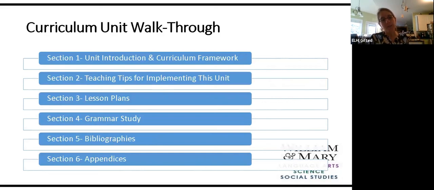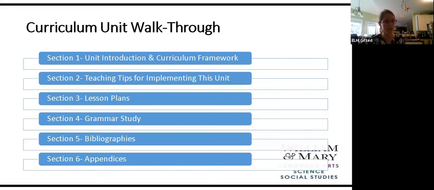But very briefly, if you have your units with you, which I hope you do, I wanted us to just kind of flip through the sections so you could see what's in there for you and what William & Mary has designed, because this unit really, all of the units are very meaty for teachers. A lot of stuff in here, so you're not going blind into anything. You can be well prepared for any lesson that you teach out of here.